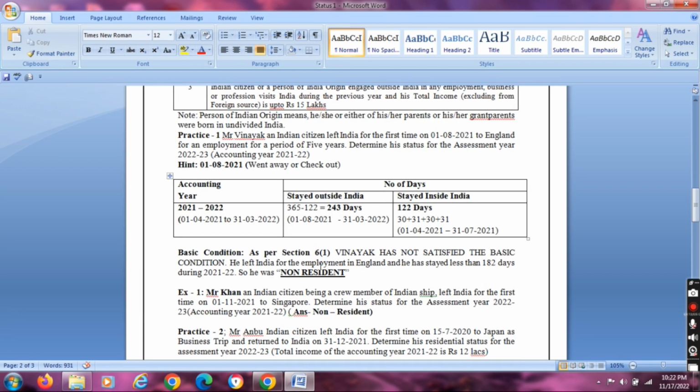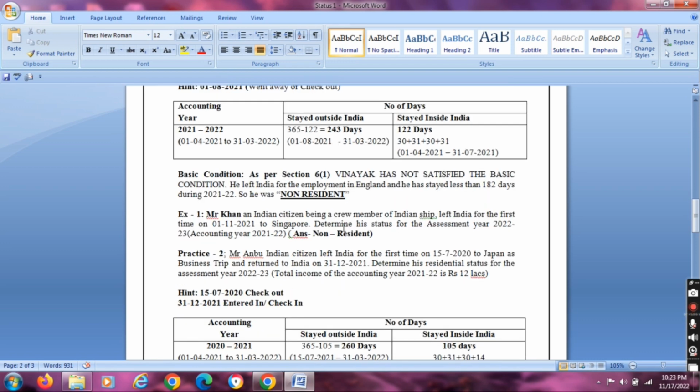As per basic condition under section 6 subsection 1, Vinayak has not satisfied the basic condition. He left India for employment in England and he has stayed less than 182 days during 2021-22. So he was absolutely non-resident.